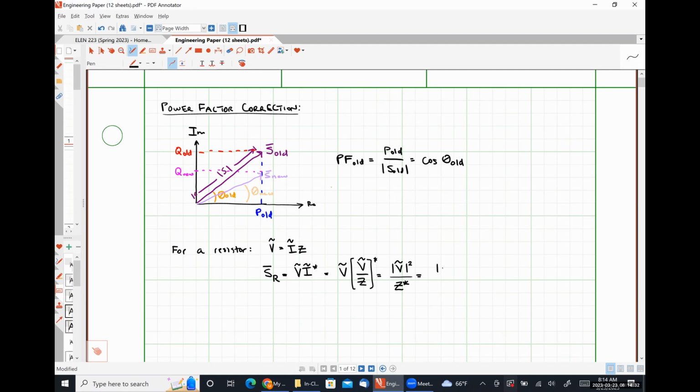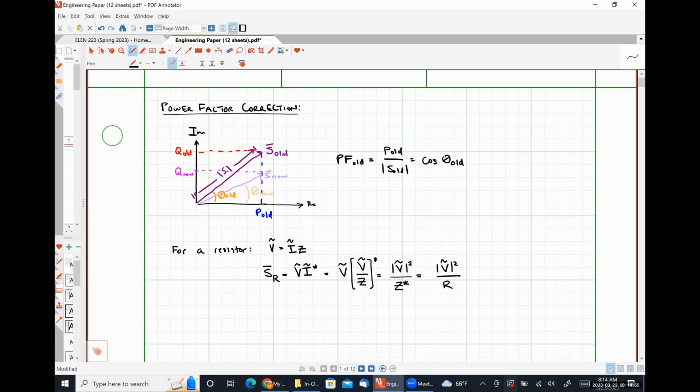So this is just going to look like the magnitude of the voltage squared divided by the resistance. So is this a real number or an imaginary number? It's a real number, absolutely right.